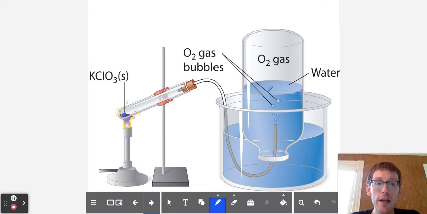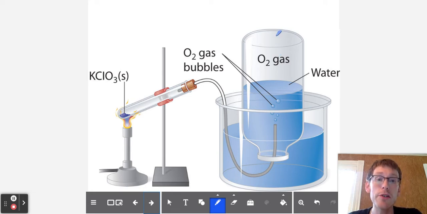Now, if this container initially was 100% full of water and then some gas bubbled into it, that gas would float to the surface and push out some of the water, and that water would essentially come out here and raise up on the sides.